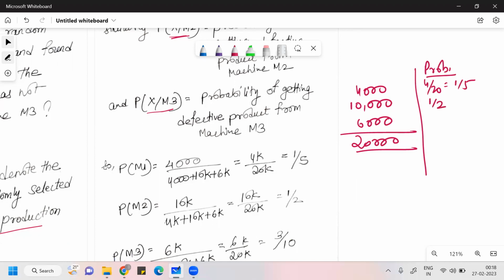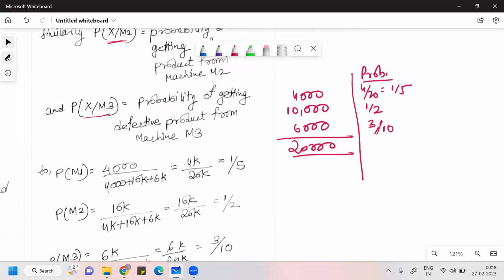This would be 6 by 20, which is 3 by 10, not 3 by 5. This is 20%. This is 50%. This is 30%. Fine.